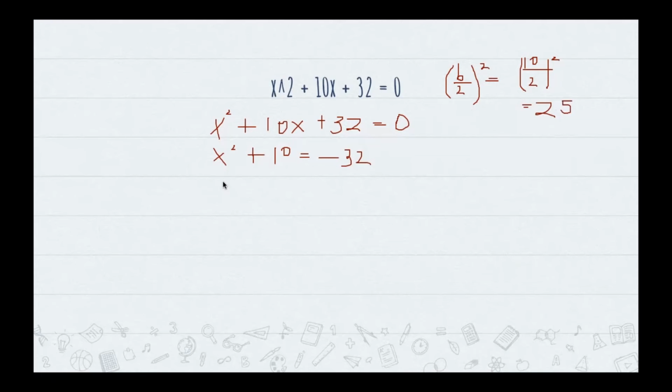So you just write that here. So x squared plus 10x plus 25. And you would plus 25 on both sides. So the other side would be negative 32 plus 25.